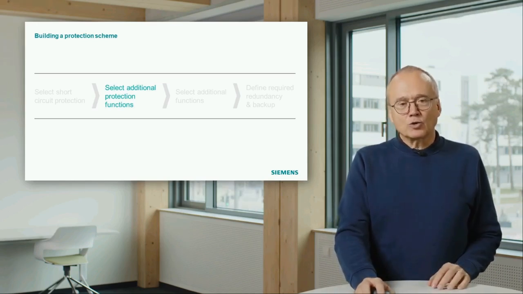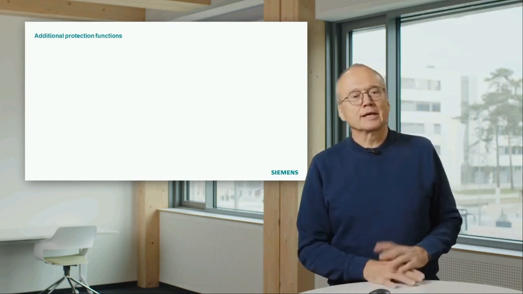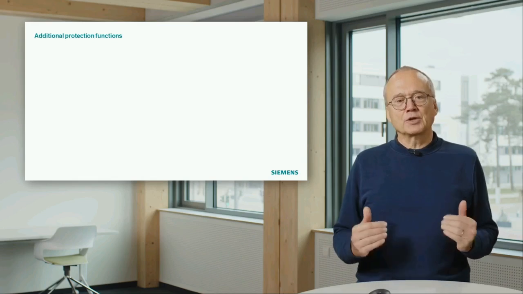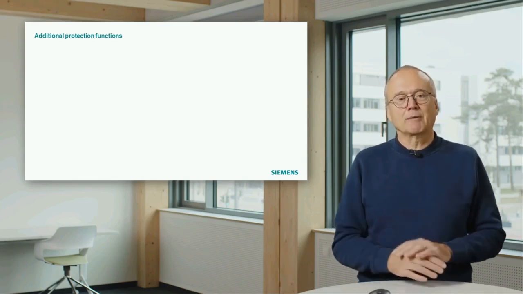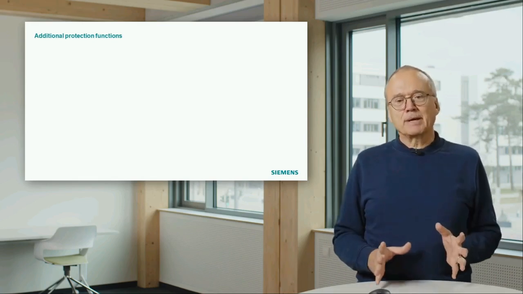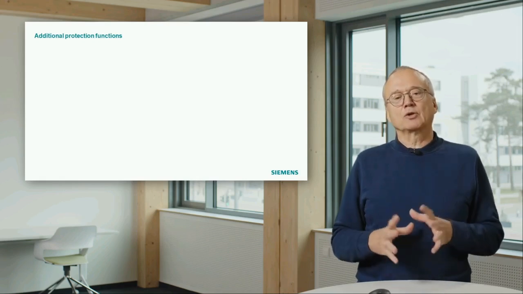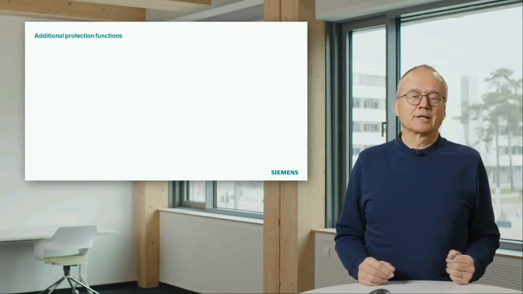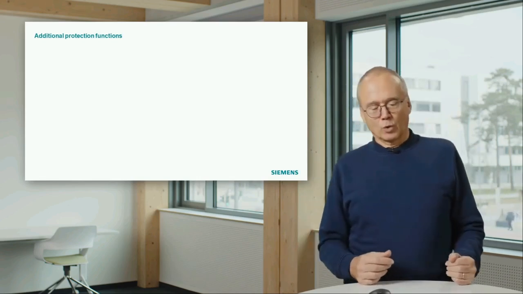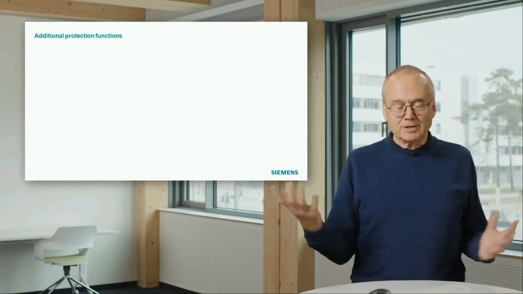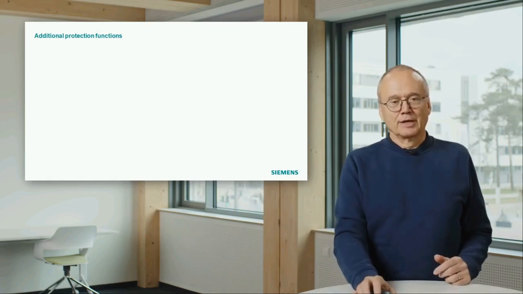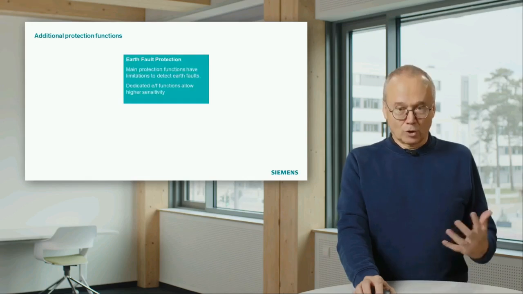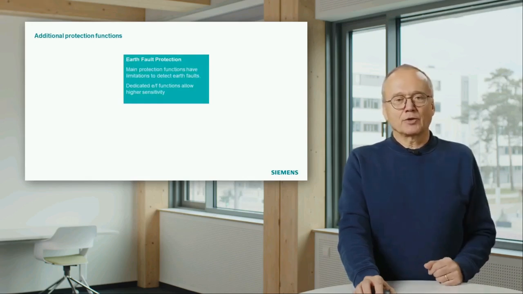And what I can do here is just explain a selection of additional protection functions which are possible. It always depends on the type of equipment, on the voltage level, and also on the common practice in the company you are working in. And it depends sometimes also on the country where you are working, the common practice in the country.